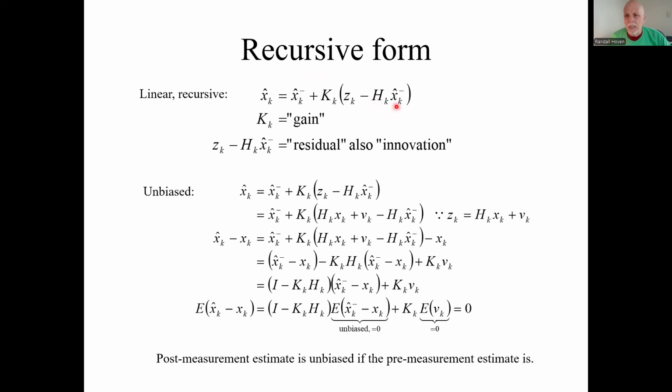This H times X here is really what we expected to measure. Z is what we actually measure. And then this K weights how much we trust our previous estimate versus how much we trust the measurement. K is the gain.